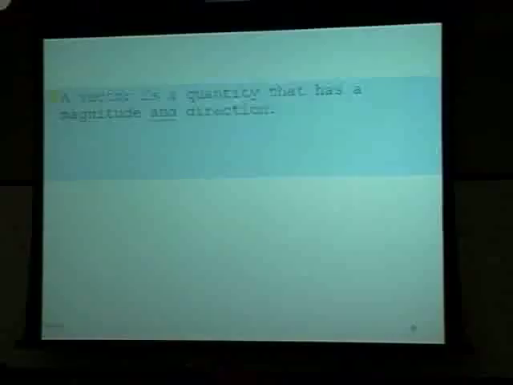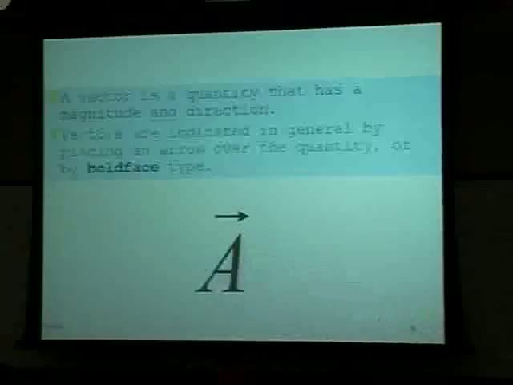On the other hand, we define what we call a vector as a quantity that has magnitude and direction. Vectors are indicated in general by placing an arrow over the quantity or by indicating it by boldface type. So in this case, in my symbology, I would say that this is vector A, it's got the arrow above it, or it's bold.